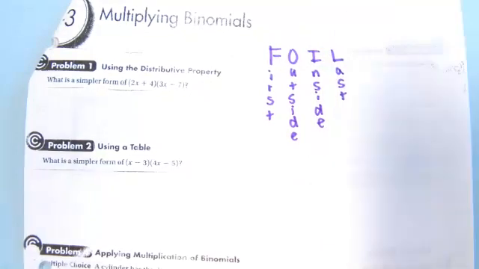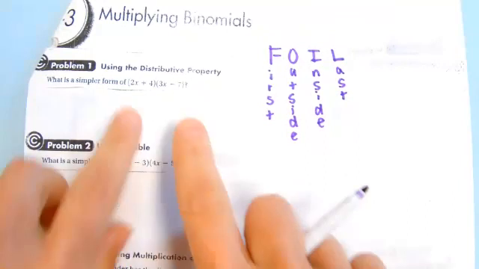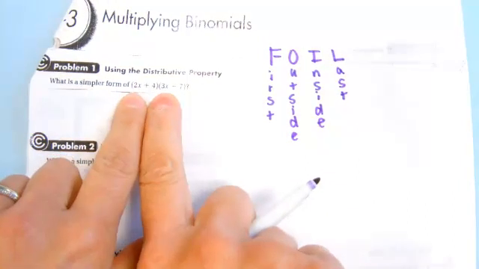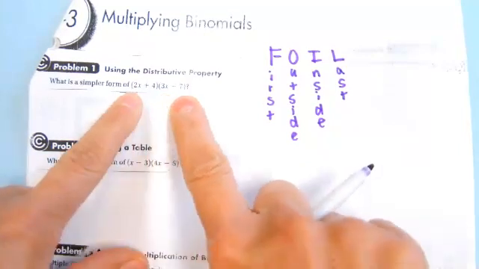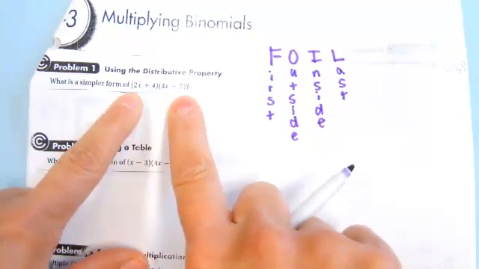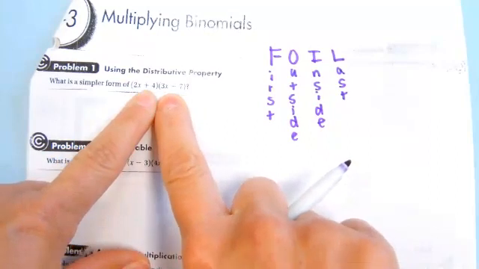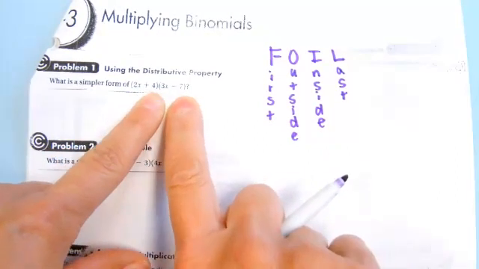What it means is that you're going to multiply, and I'll show you this, the first term by the first term in each. Then you multiply the outside terms by each other, then the inside terms by each other, and then the last two.